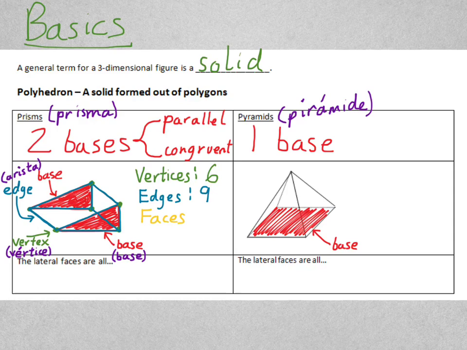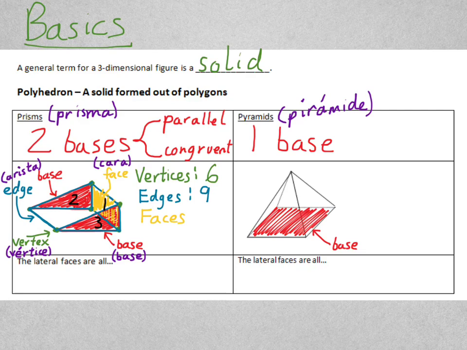What about faces? A face is one of the flat surfaces on the figure. How many faces do we have? Well, there's 1, there's 2 and 3. Note that the bases count as faces. Hey, it rhymes.